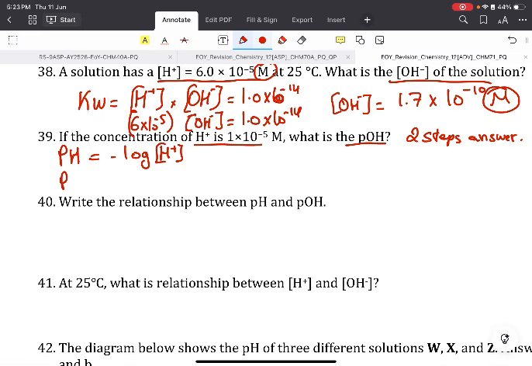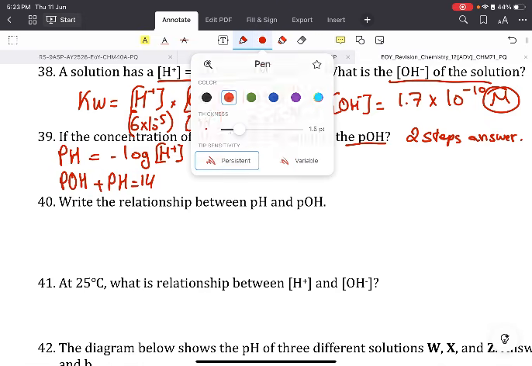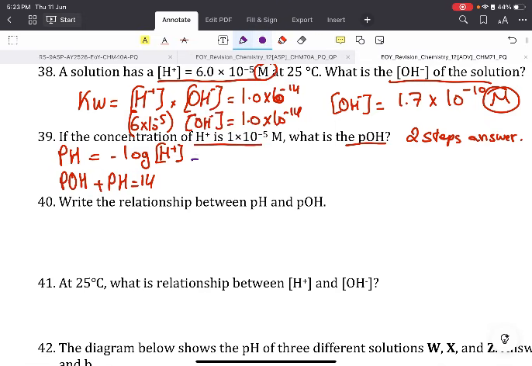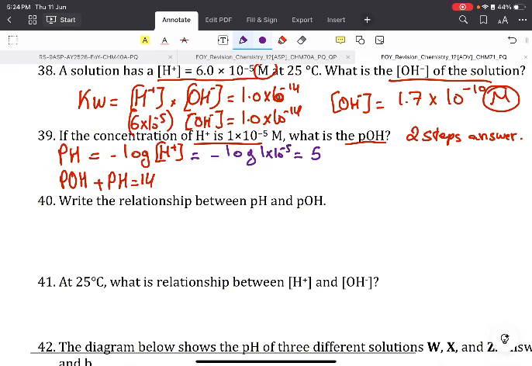And after we found the pH, we're gonna use this formula. So let's begin. Here, it's minus log 1 times 10 negative 5, that is 5. Now, I'm gonna use this formula. pOH plus 5 equal 14. So pOH equal 9.